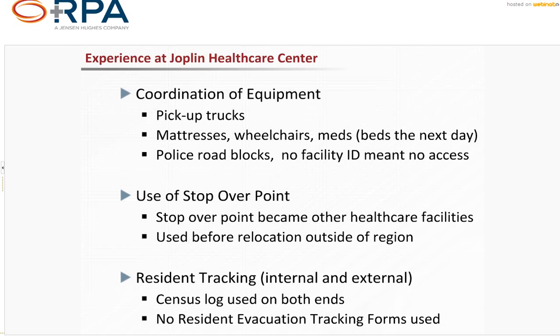Once they did that, they had to coordinate how they were going to help the receiving facilities, and make sure that those facilities could provide equivalent care. They ended up getting pickup trucks and box trucks to load wheelchairs, vans, medical records, and any pieces of equipment they could take to the locations where they were sending people.